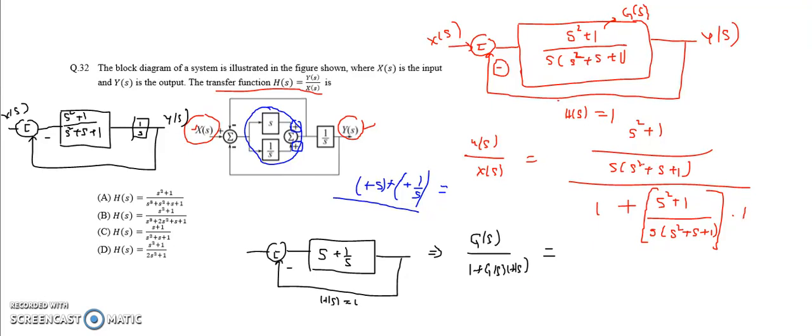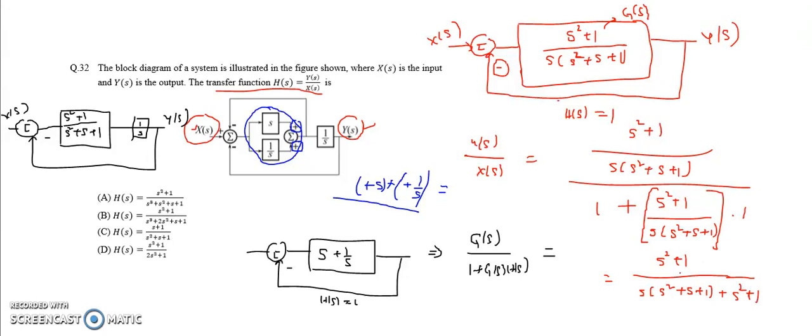So if I simplify this expression, then I am going to get s square plus 1 divided by s(s square plus s plus 1) plus s square plus 1.